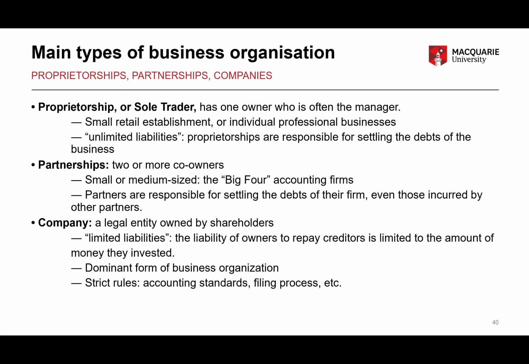So it is very similar to a sole trader, right, in that there is unlimited liability. So the partners are seen as an extension of the business. In the eyes of the law, they are the same as the business. So the owners are personally responsible for settling the debts of the firm.